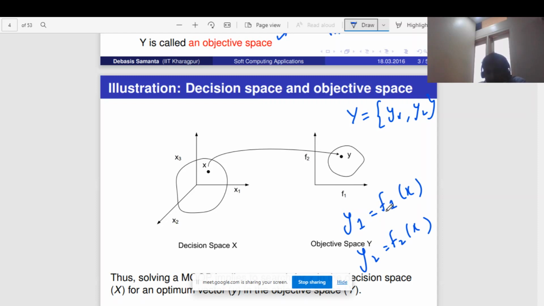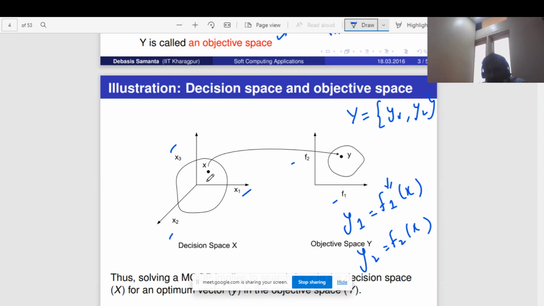So this is how we will calculate y1. y is a combination of y1 and y2, where y1 is from the function f1, and y2 is from the function f2. So based on that, some point is created. But again, there is a mapping from input. For input, let us assume there are three variables: x1, x2 and x3.